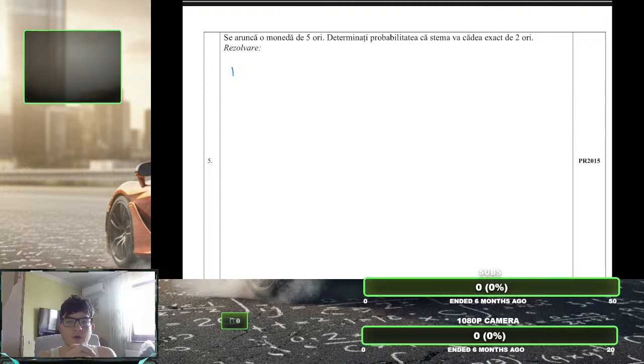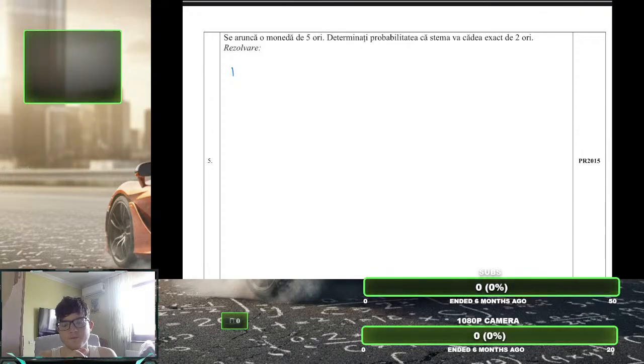And for the favorable cases, it's a bit harder, obviously. You've thrown it 5 times, so you just do 5 circles or 5 squares, whatever. And after you've done that, in the first one, it can either be, so we can do it like this.